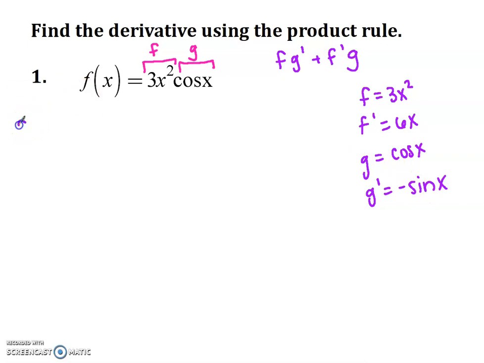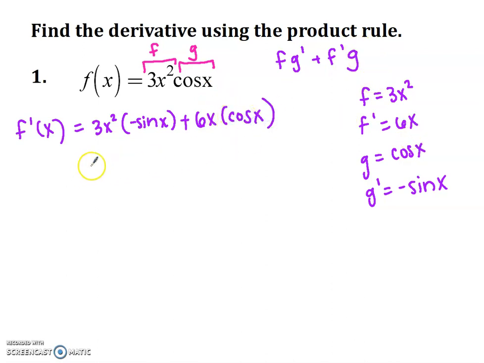So to find the derivative of this function, f prime of x is going to equal f, so 3x squared, times g prime, so that would be a negative sine, then plus f prime, which was 6x, times g, which was cosine of x.